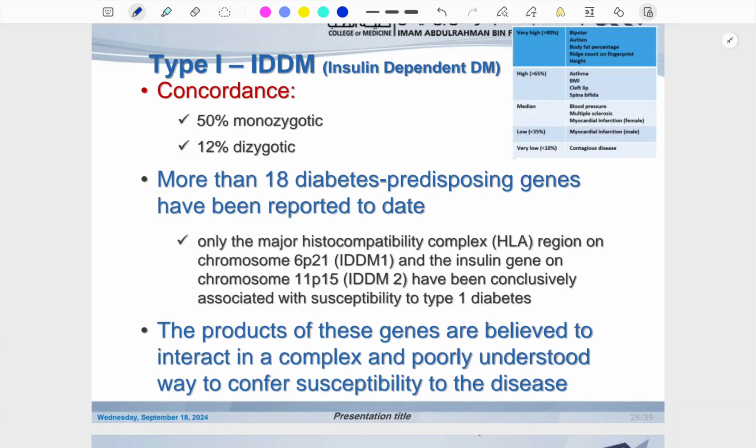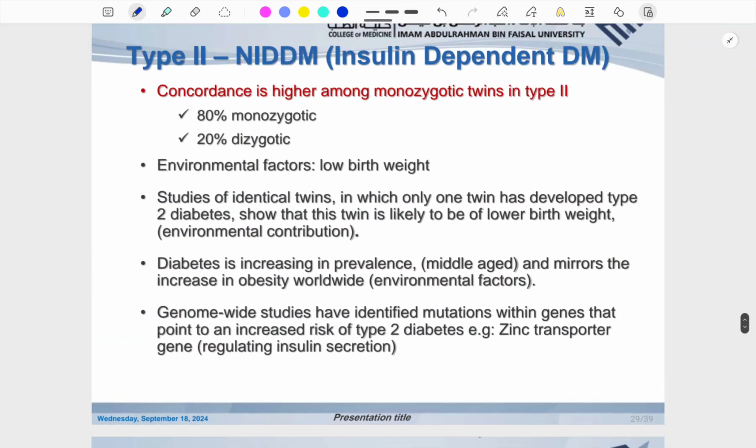This is type 1. Type 2, look at it. 80%. So which has more genetic factors in it? Type 2. A lot of people thought it was type 1, until we found out 20% in dizygotic. Environmental factors, one of the major environmental factors which we know is associated with type 2 diabetes is low birth weight.